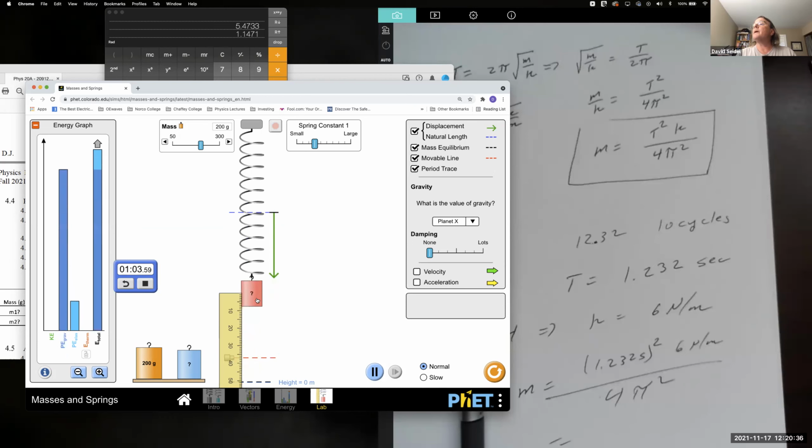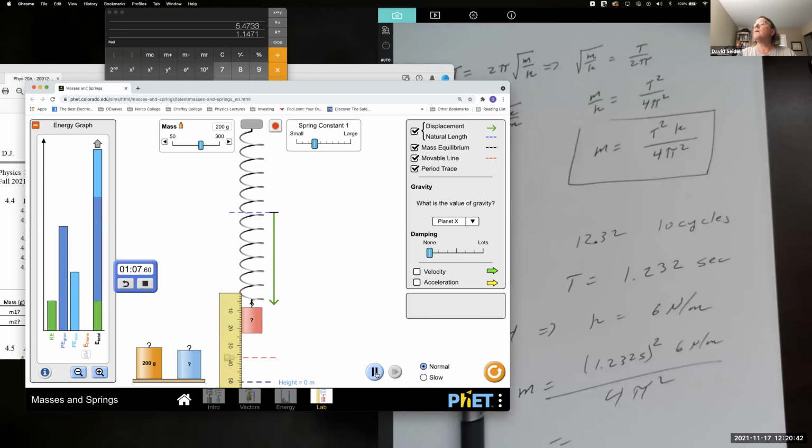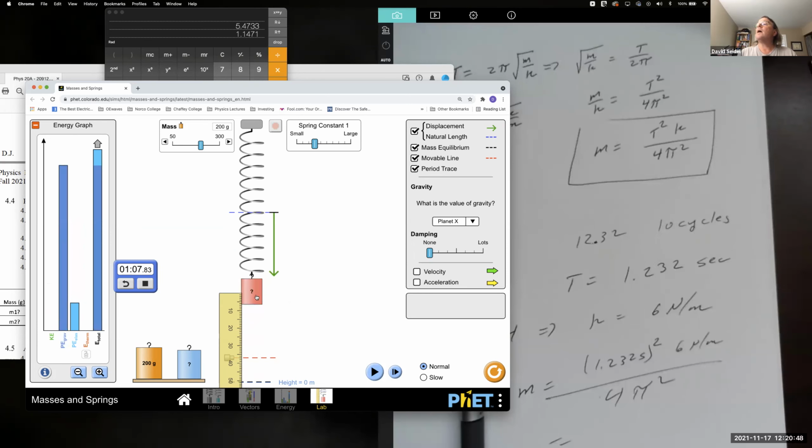I'm going to go up here to about there. I'm paused. This is my equilibrium line. I've got a movable line I can move. Maybe I'll put it up at the top of here. Find some convenient thing, so I can start at the top just fine. I reset it.